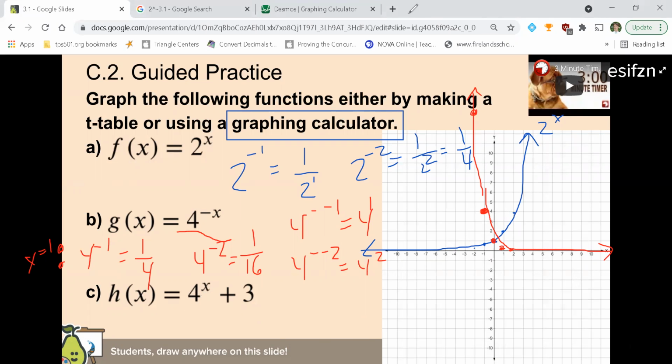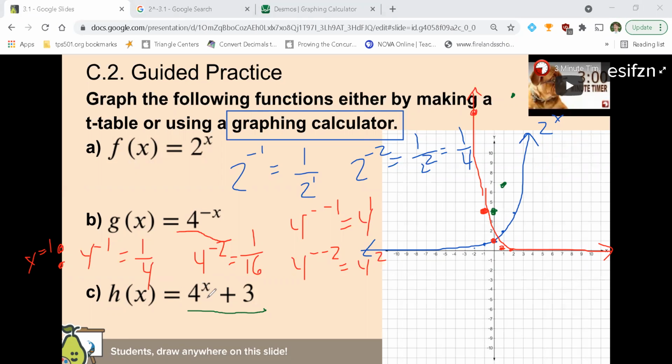If you plug in 0, 4 to the 0 is 1 plus 3 is 4. 4 to the first would be 4 plus 3 is 7. 4 to the second would be 16 plus 3 is 19, which is way up there.